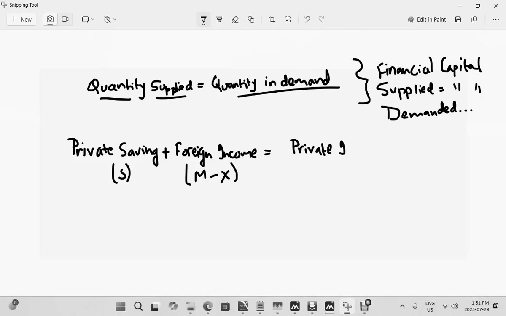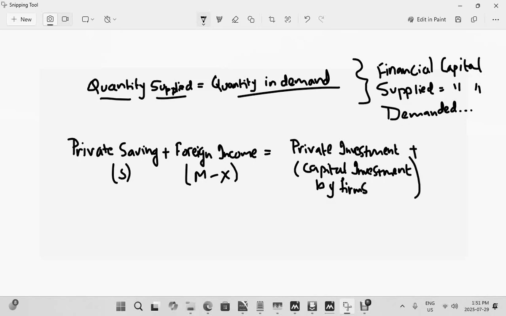So this is I. Plus you have the government budget deficit.